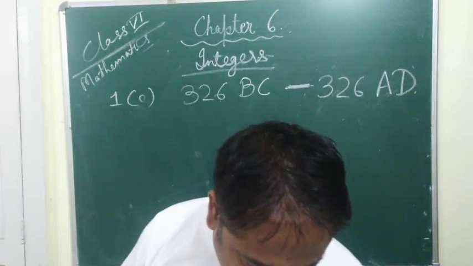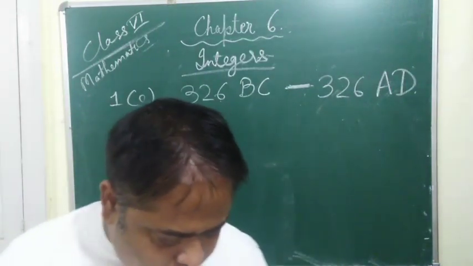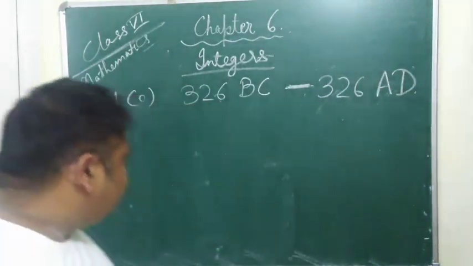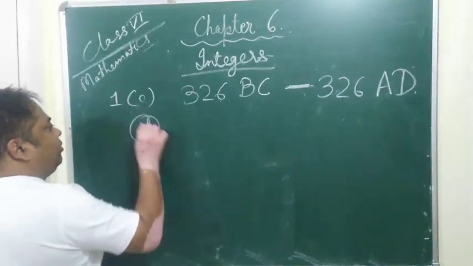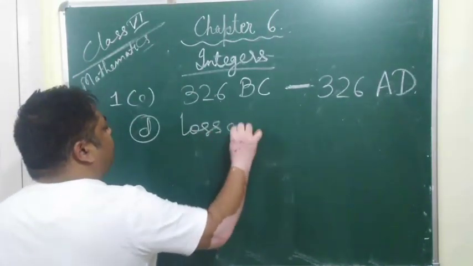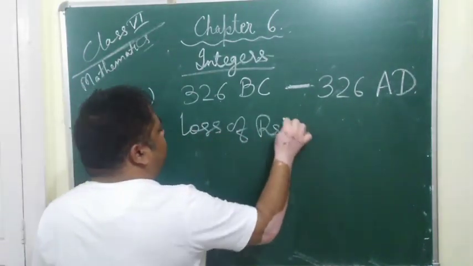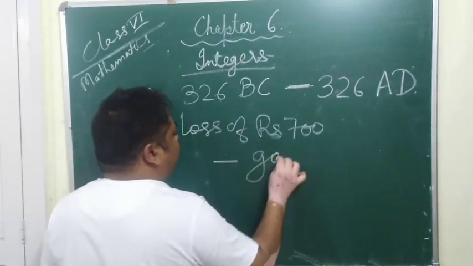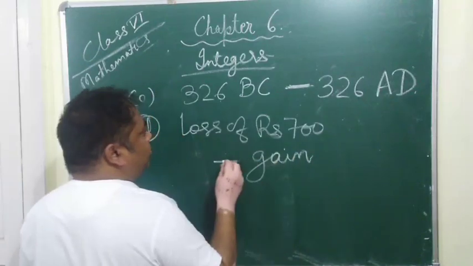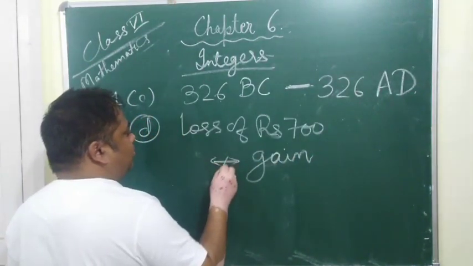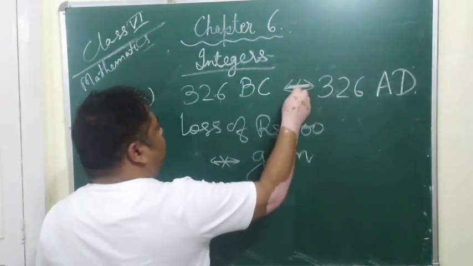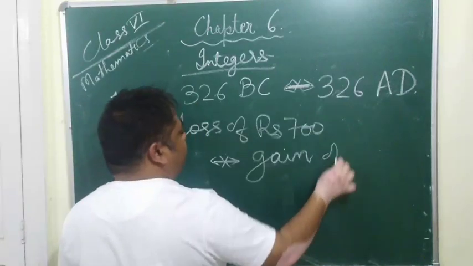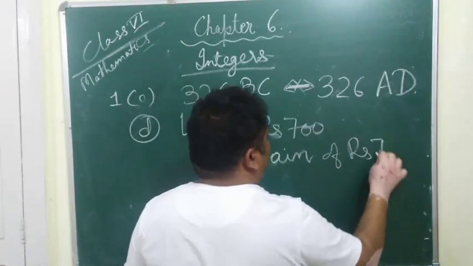Next, question number D. Loss of rupees 700. Its opposite will be gain of rupees 700.